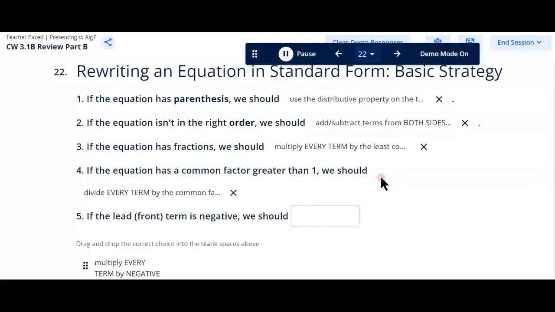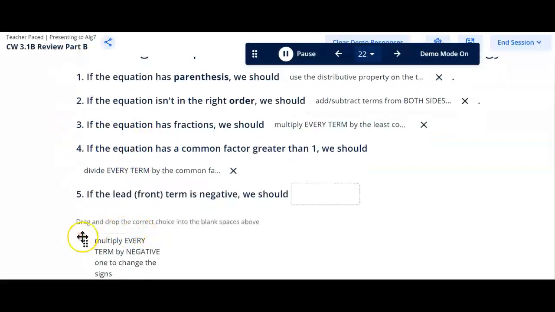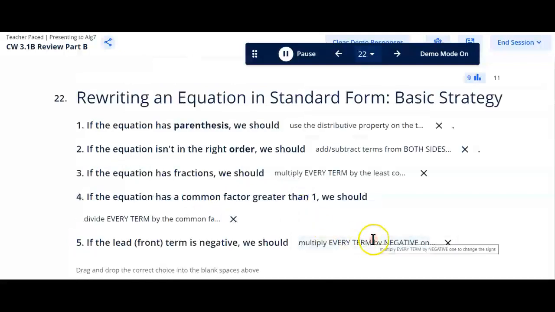Fractions mean we're dividing by something and we need to cancel it by multiplying. Common factor means everything's being multiplied by something and we need to cancel it by dividing. The reason we change the order before these, then do this multiplication or division and check our lead term being negative, is because sometimes we can combine multiplying by a -1 with steps 3 or 4, and multiply by a negative least common denominator, or divide by a negative common factor, and combine those two steps together.